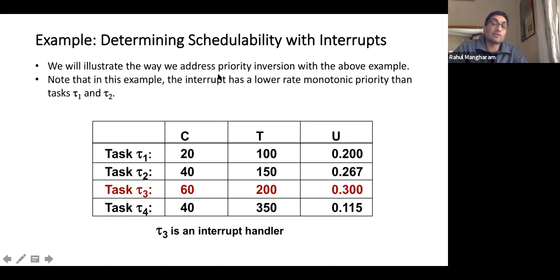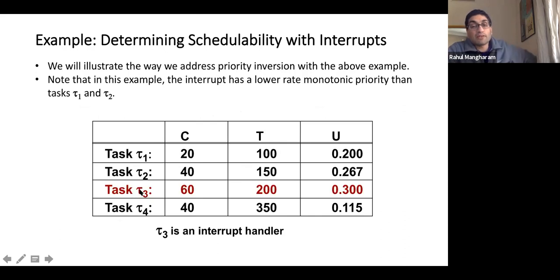So let's look at an example. We have three regular tasks, tau 1, tau 2, tau 4, and they are listed in the rank of their periods over here. So there's 100, 150, 200, and then 350.